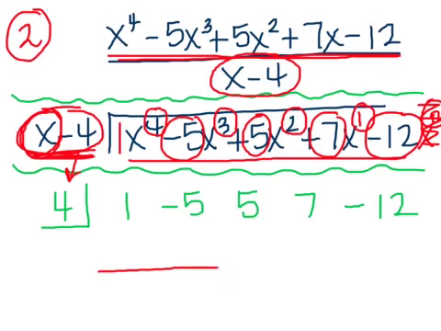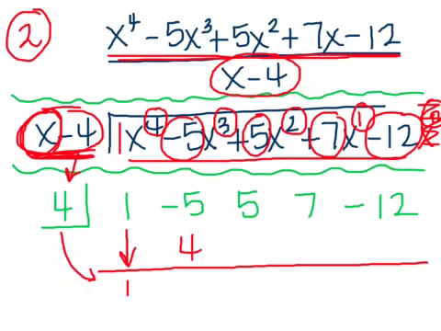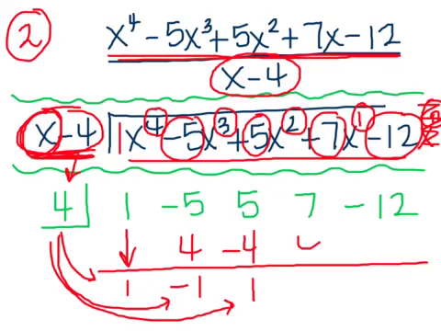So then we draw a line with some space in between. We drop down the first guy. We do 4 times 1 and put the answer here. Add down. 4 times -1, put the answer here. Add down. 4 times +1, put the answer here. Add down.